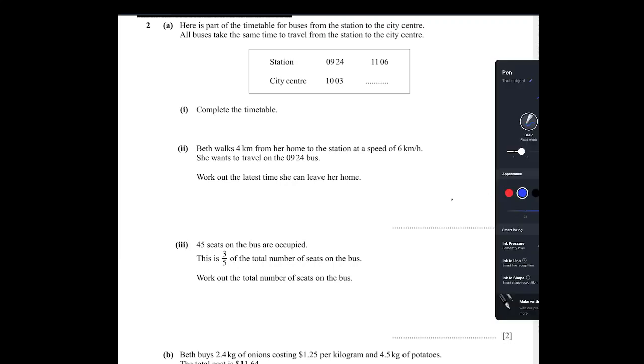9:24 to 10:03, what is the time gap? Just find out using your time duration method. From 9:24, 24 minutes have passed after 9, and how many minutes are still there to reach 10 o'clock?